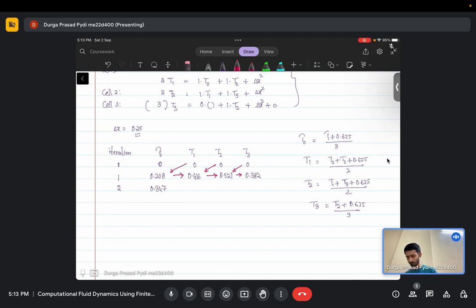So even here when you want to update T0, you will be taking the value from here. To update T1 we will use the latest value of T0 and the latest value of T2. The latest available value of T2 is 0.521 and the latest available value of T0 is 0.347. So 0.347 plus T2 is 0.521 plus 0.625 divided by 2.